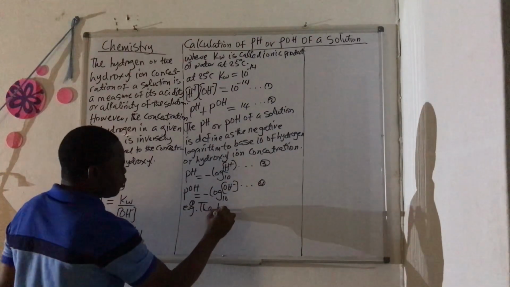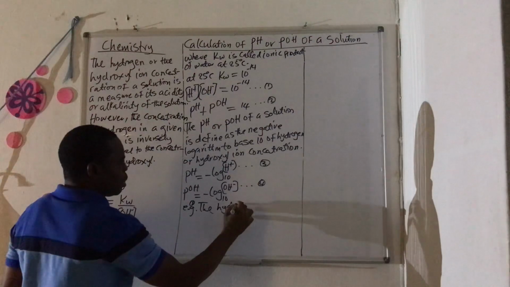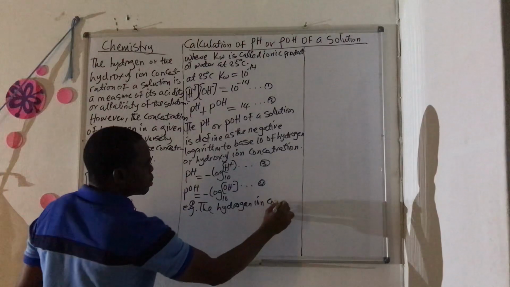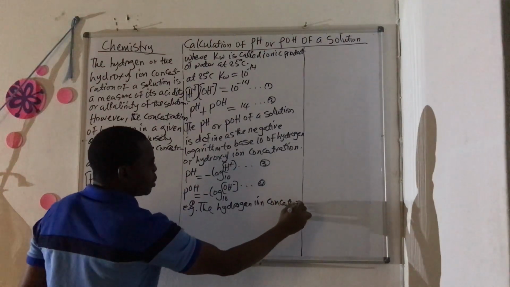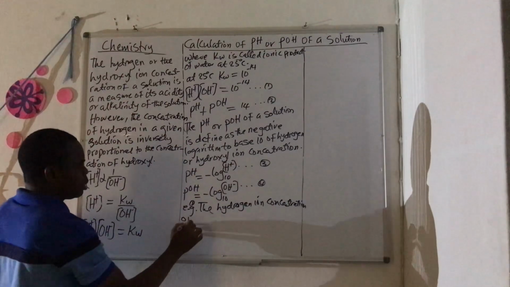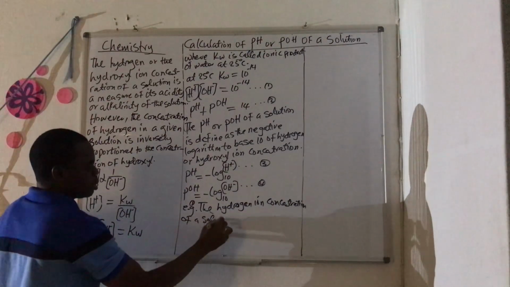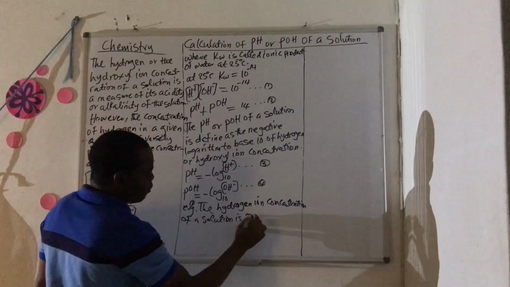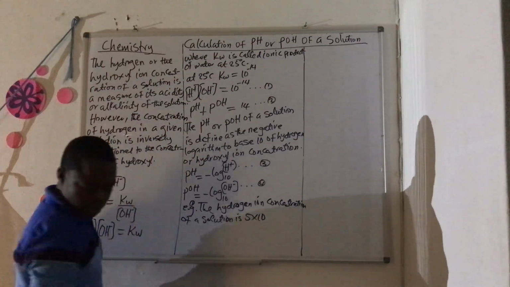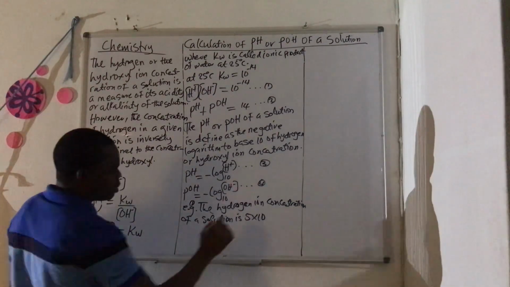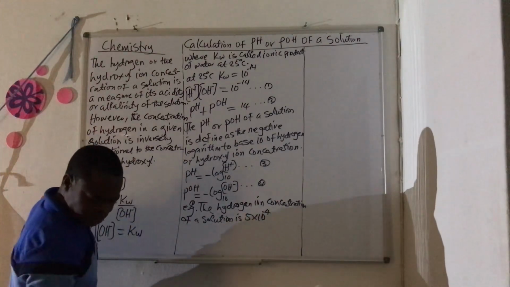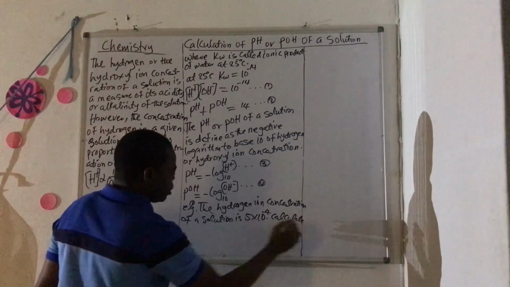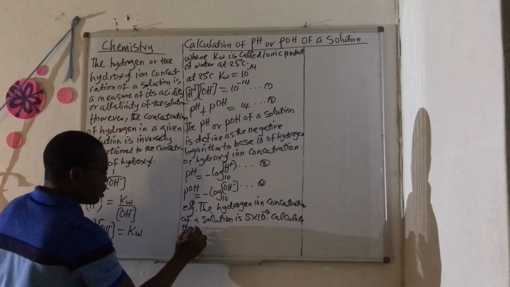For instance, example 1: the hydrogen ion concentration of a solution is 5 times 10 raised to power minus 4.